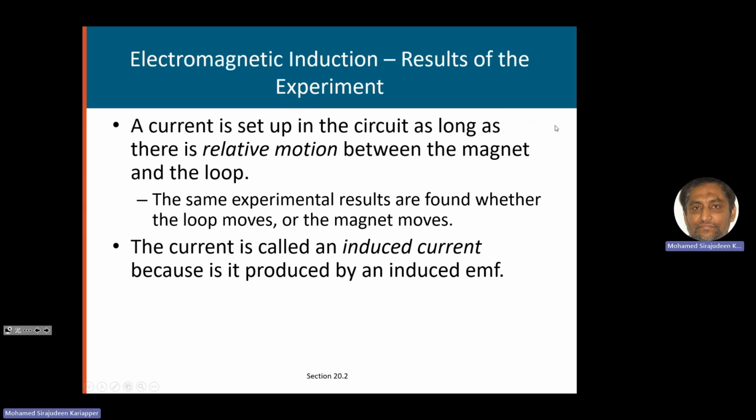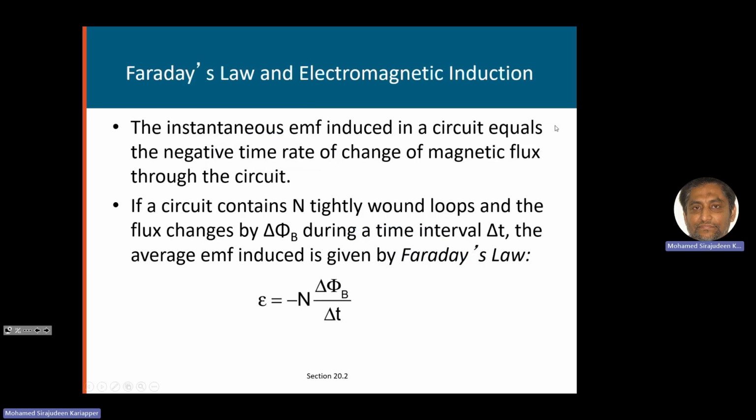It's the relative motion which changes the magnetic flux through the coil. The same experimental results are found whether the loop moves or the magnet moves. This current is called the induced current because it is produced by the induced EMF due to the change in the magnetic flux through the coil.